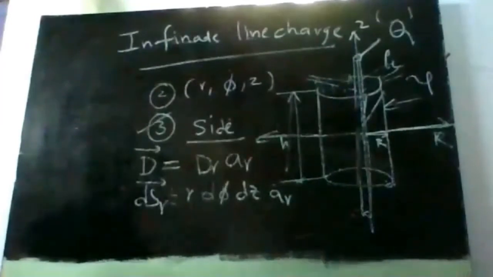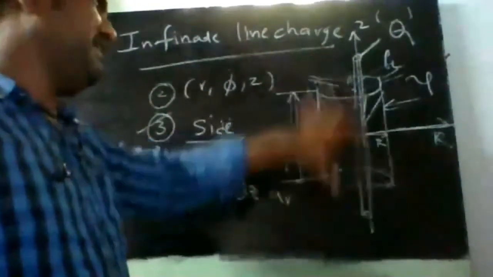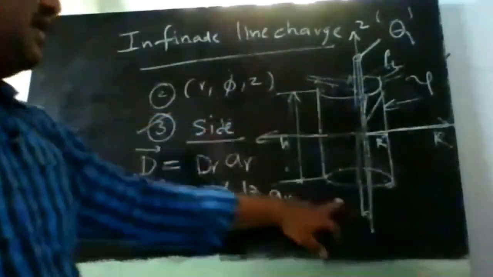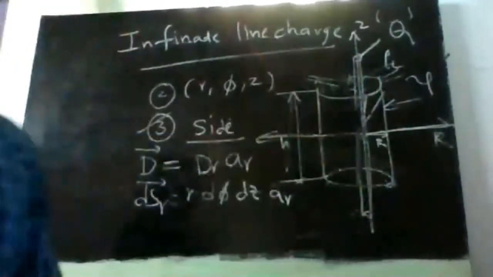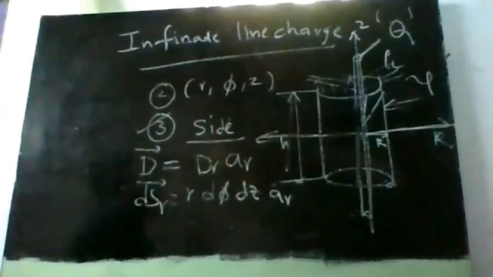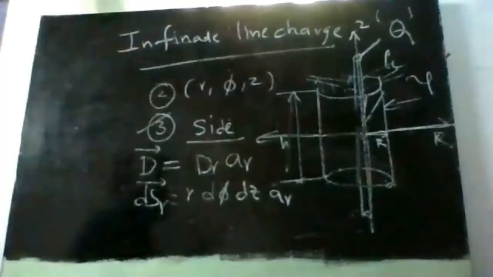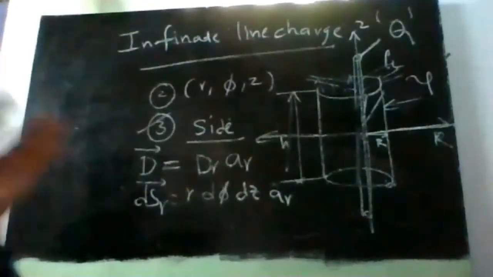For the Gaussian surface there are three surfaces: the top surface, the bottom surface, and the third is the sides of the cylinder. Out of this we have to choose one, one from which the flux flows.